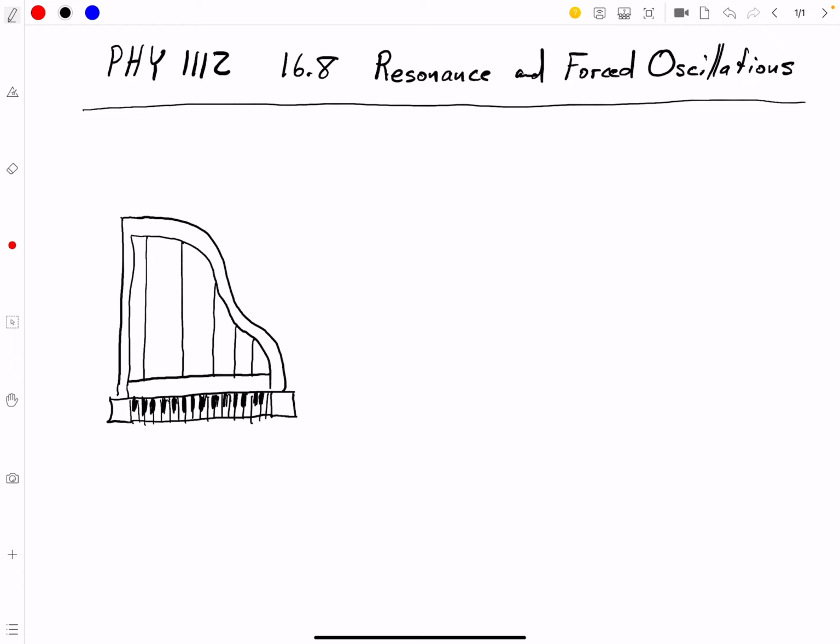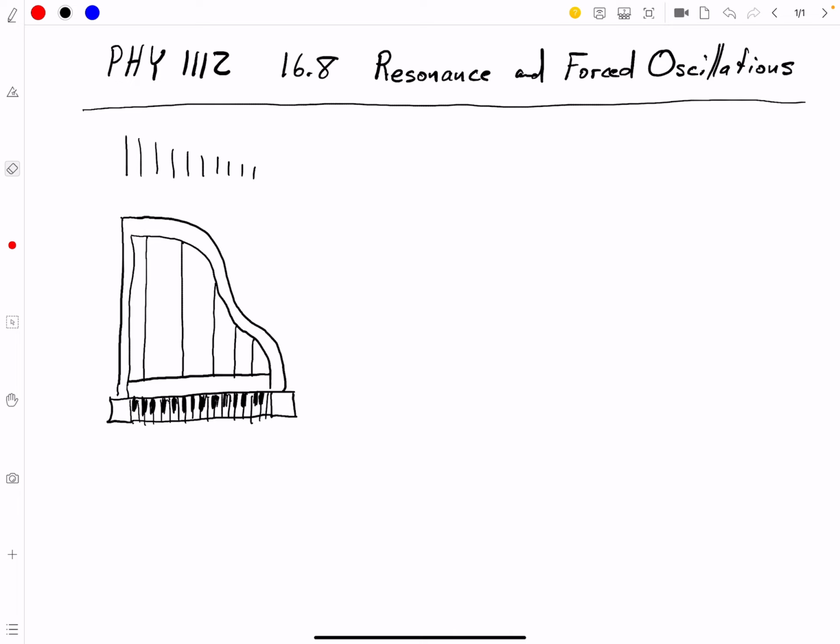One of the best ways to look at this is, and I'm pretty sure everybody's seen a piano that's been opened up, on the inside you have longer strings on the left, and then gradually the strings get shorter and shorter and shorter until on the right side you have very short strings. And so you play your lower notes on the left side and the higher notes on the right side.